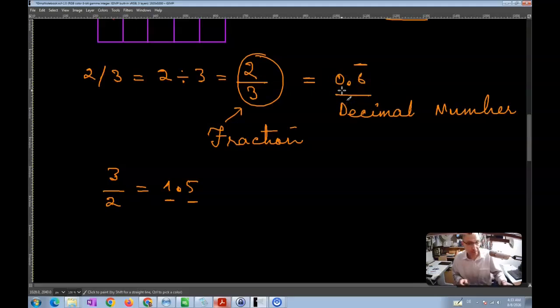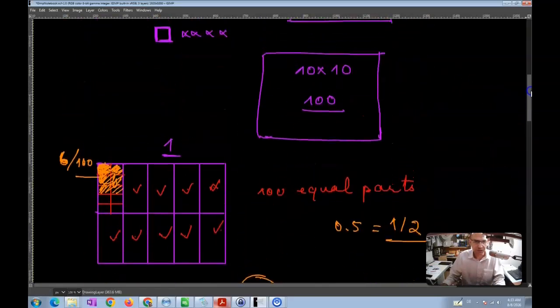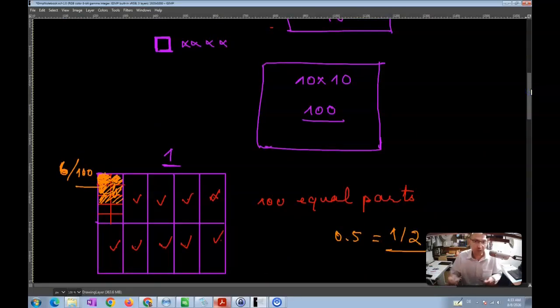Hopefully you have understood the meaning of these decimal numbers, which is important because later on we will have to use these decimal numbers in the 4 basic operations: addition, subtraction, division, and multiplication.